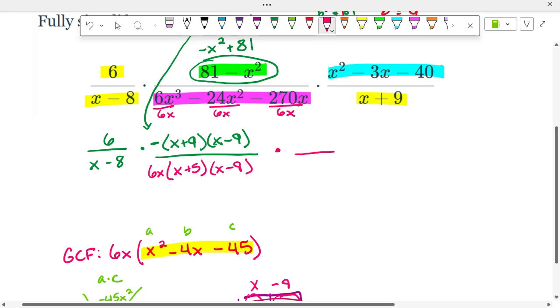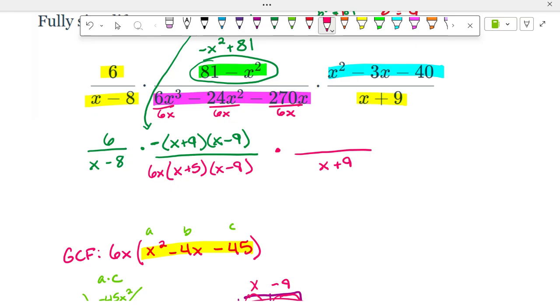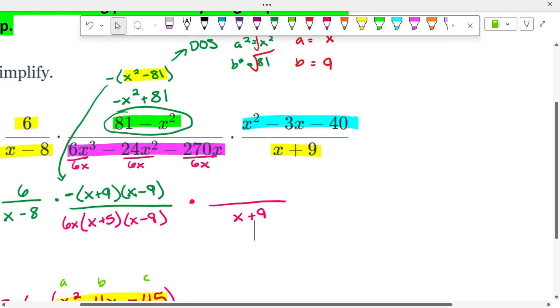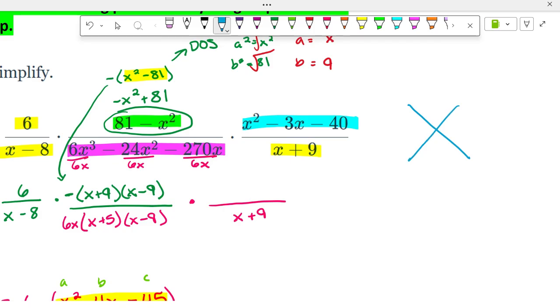Then it's going to be times, we can put the x plus 9 back on the bottom because we don't have to factor that, but we still need to factor the blue. Now, the blue, does it have a GCF? No, so we can go straight into big X. What goes on top? Negative 40x squared. Bottom?